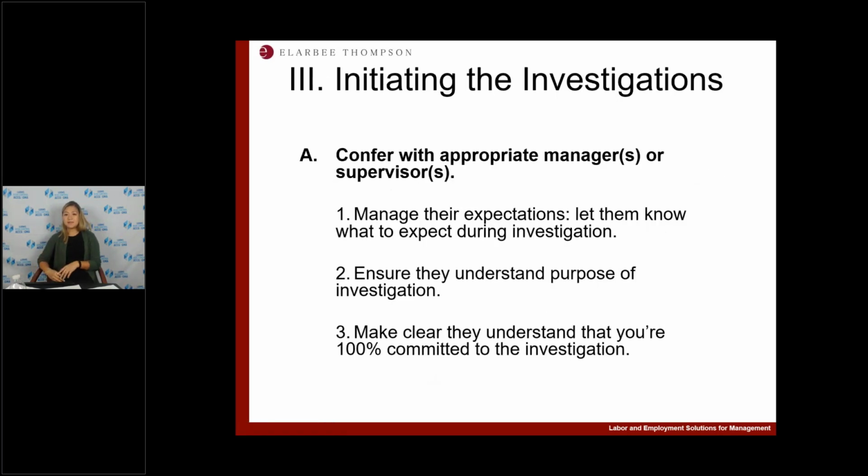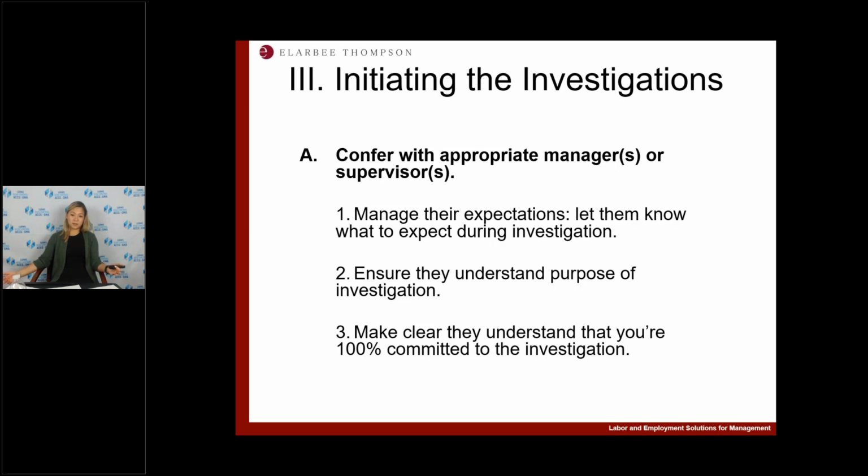Okay, so we've got those baseline steps. Now, initiating the investigations. Before you go into your interviews, it's oftentimes good to talk to the appropriate managers. Those managers and supervisors are probably going to know on some level if you're calling employees out for a 3-hour interview.